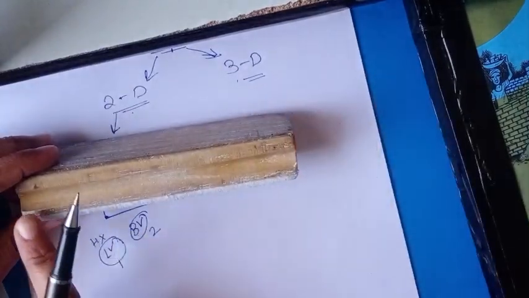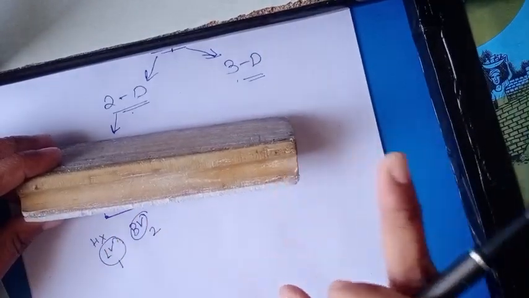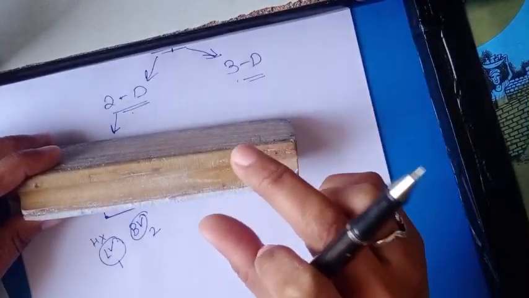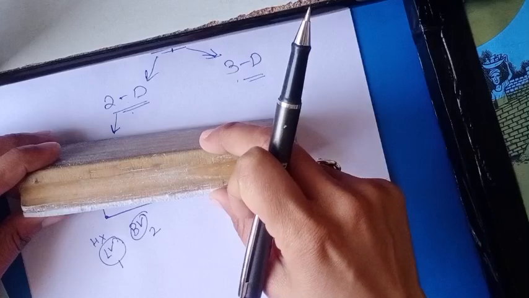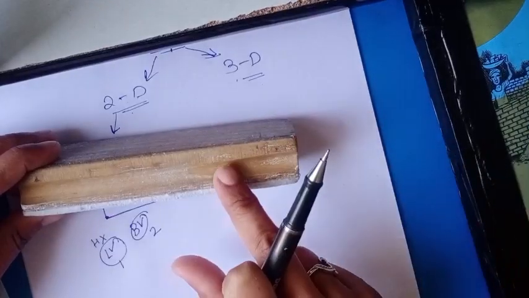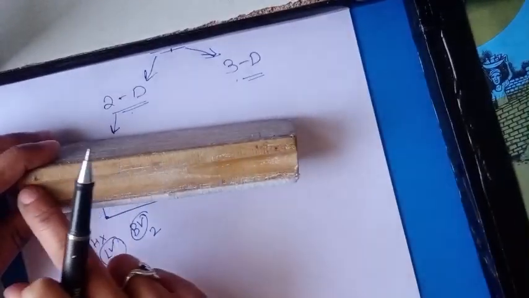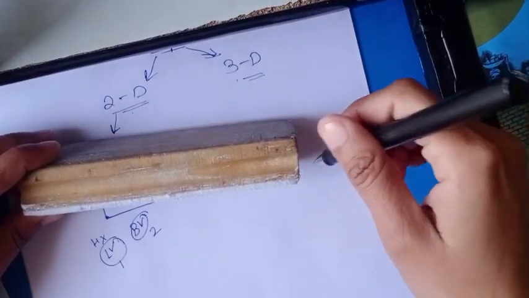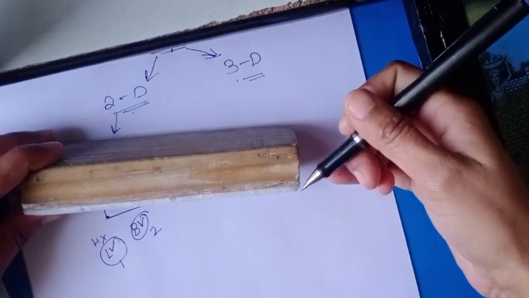This is the length, this is the breadth, meaning the width, and this is the height of the duster.